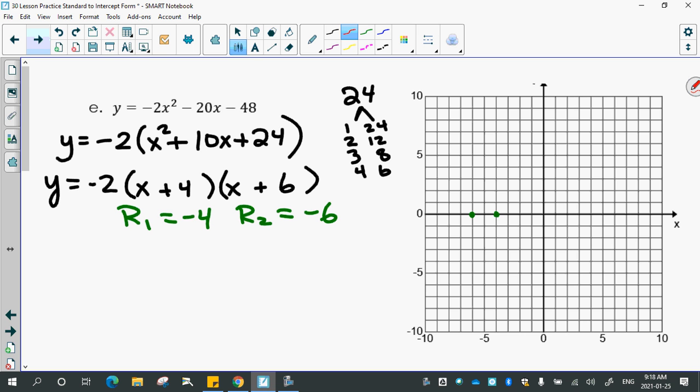Then you can calculate h. So you get h to be negative 5. See if that makes sense. Yes, it's halfway between your x-intercepts.